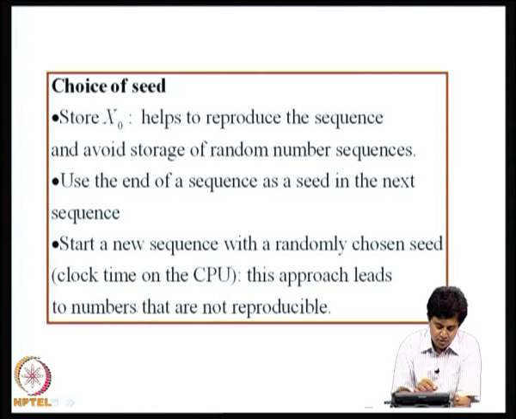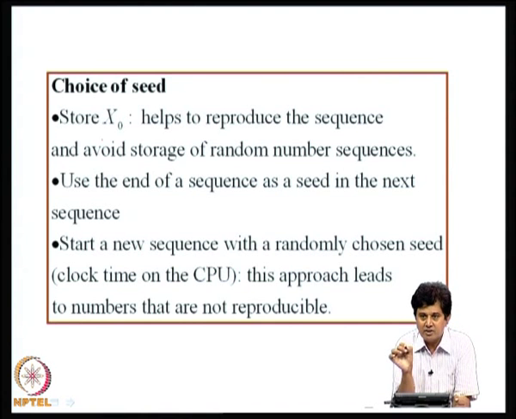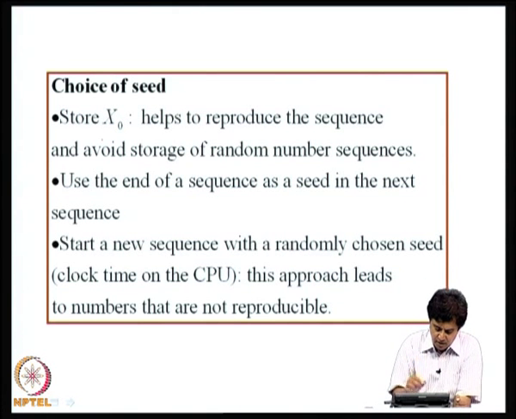So, the best way is to start with the same seed, and that would ensure that we get the same set of random numbers. So, this helps us to reproduce the sequence on one hand, and also we can avoid the storage of random sequences on the computer.